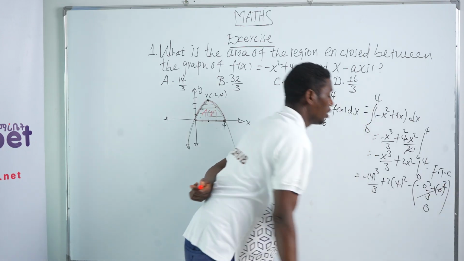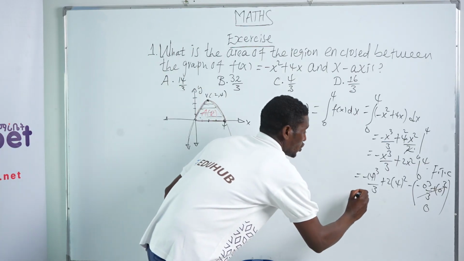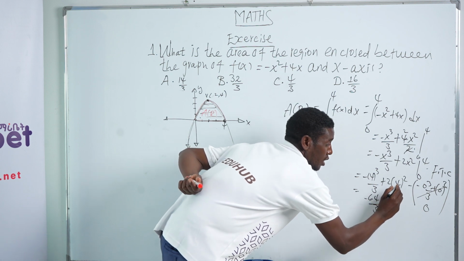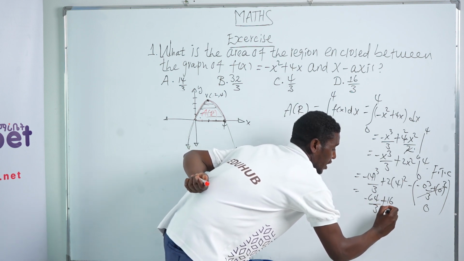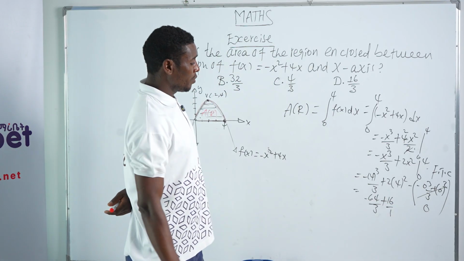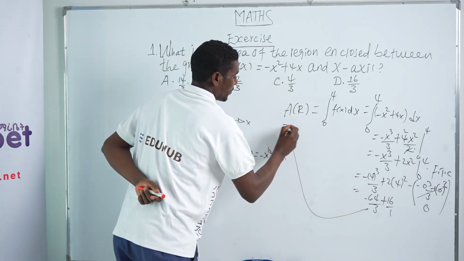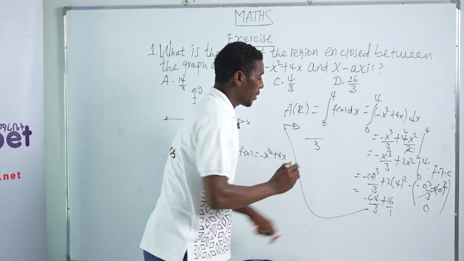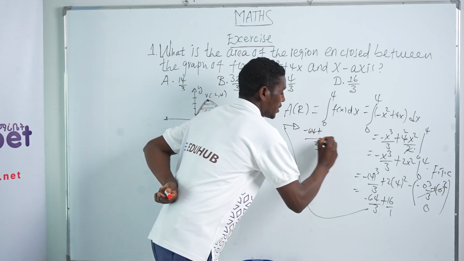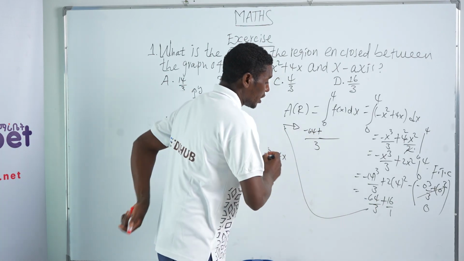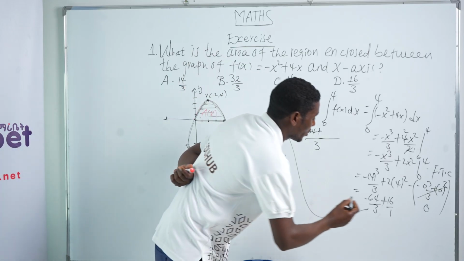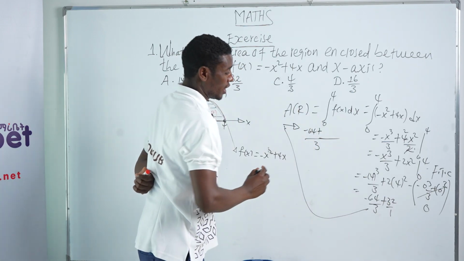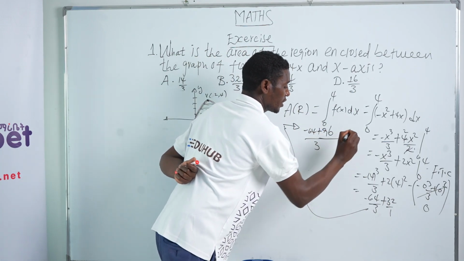All these values are 0. So operate the first one: 4 cubed is 64, so minus 64 over 3, plus 4 squared is 16, 16 times 2 is 32. So take their LCM: minus 64 plus 3 multiplied by 32, and 32 multiplied by 3 is 96.